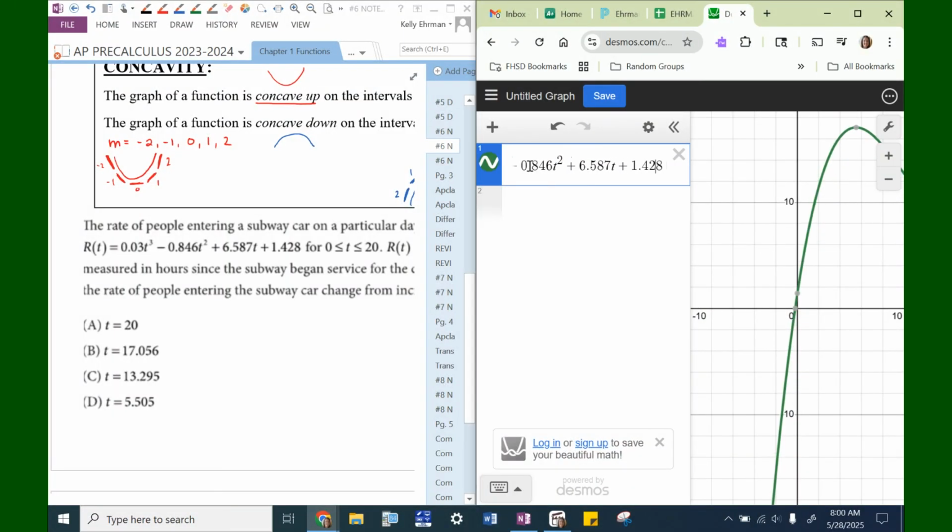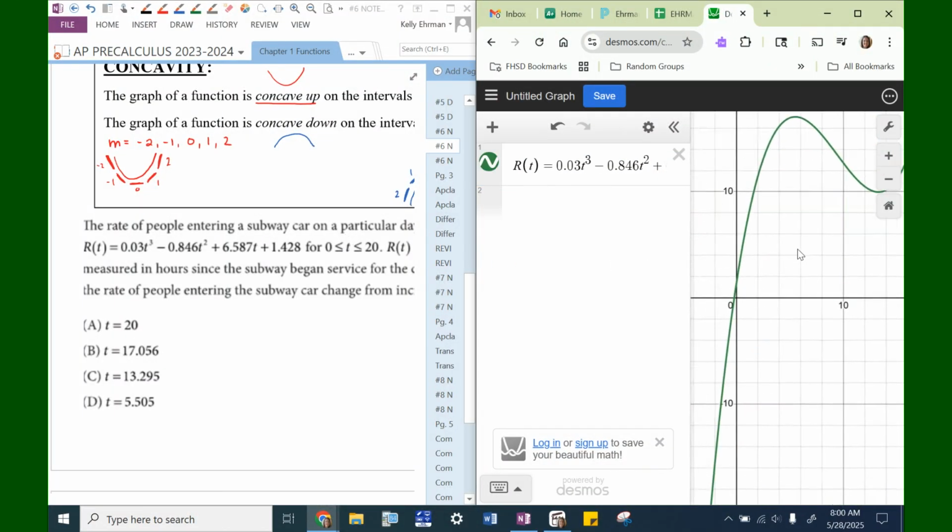Okay, so do a quick check here. Make sure you typed everything in right. So 0.03 t cubed minus that t squared plus 6.587 t plus 1.428. Now, see how it gives you this little domain here? I can see this graph just fine. It's not extreme, but I want to look at the window that they're telling me.